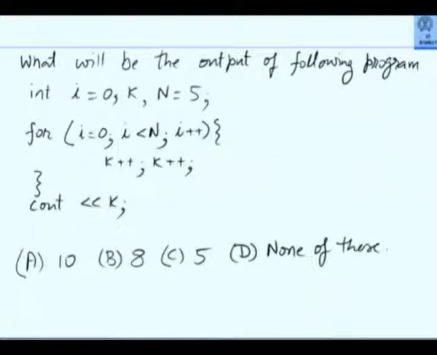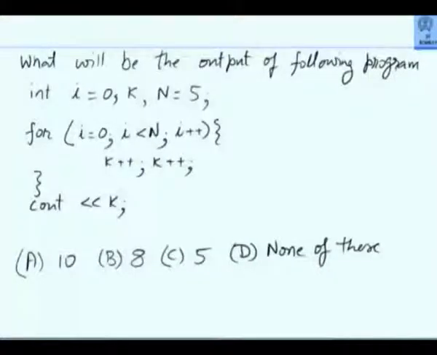Everybody? Why? K has not been initialized. Instead, in this program, I have stupidly initialized I, which was not necessary, because the for statement was going to initialize I anyway. But K, which I am changing, is not initialized at all. Of course, can you say none of these always? Because of the bad luck factor. If that location for K contains 0, then you may get the right answer. But that is chance. By and large, none of these is the right answer.